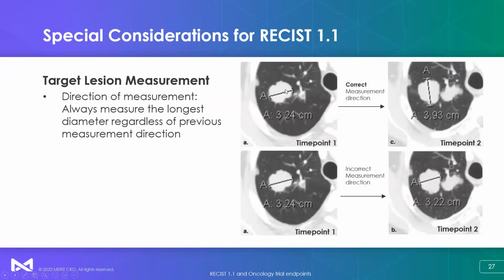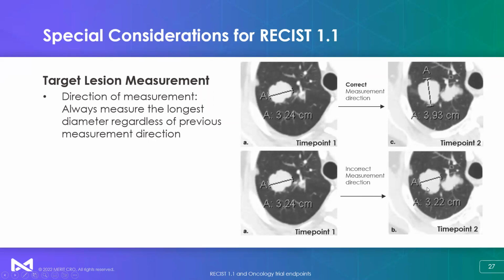Also, another common mistake to keep in mind when measuring the longest diameter is that the direction of the measurement should not be kept consistent; you always have to find what the longest diameter is. For example, the bottom example is an incorrect case where the lesion measurement direction has been kept consistent, but it's not a correct measurement, with 3.24 centimeters in the same direction ending up as 3.22 centimeters.